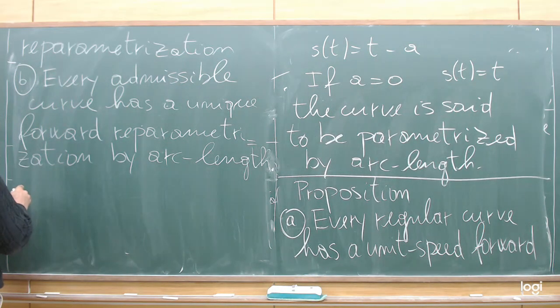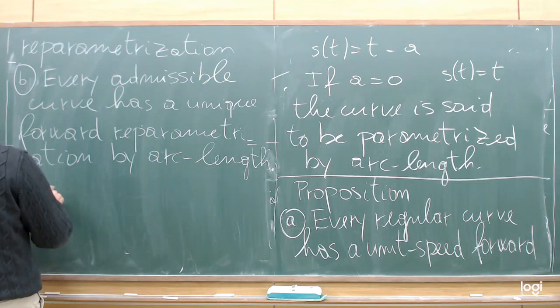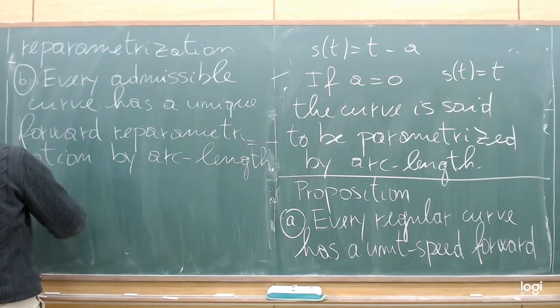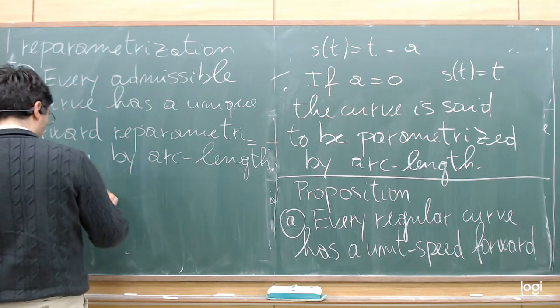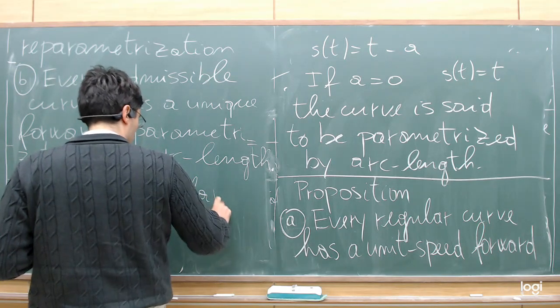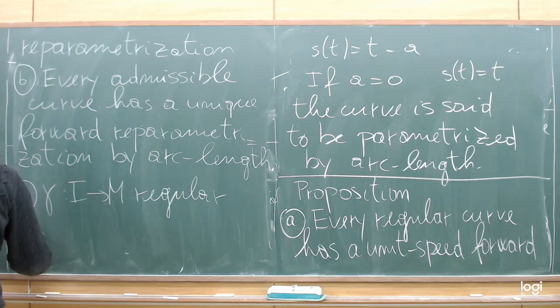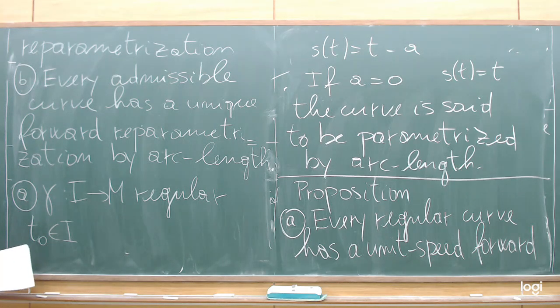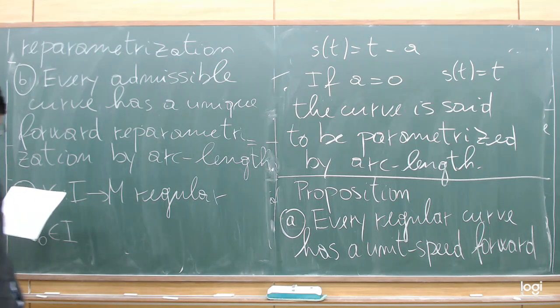So suppose that gamma is a regular curve, then you fix t0 in I. I can also be unbounded, so we have to fix what is t0.